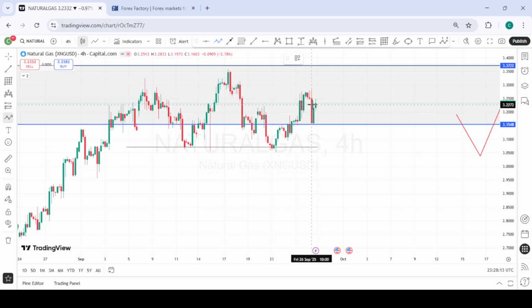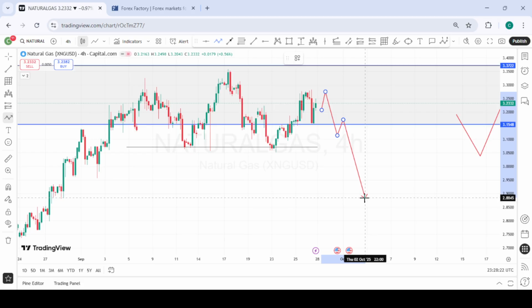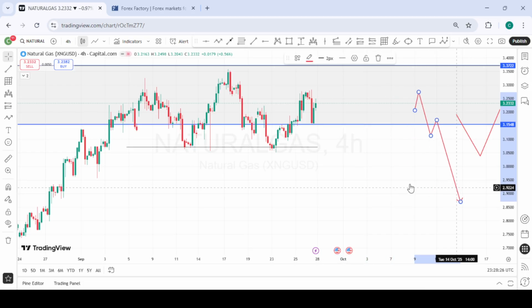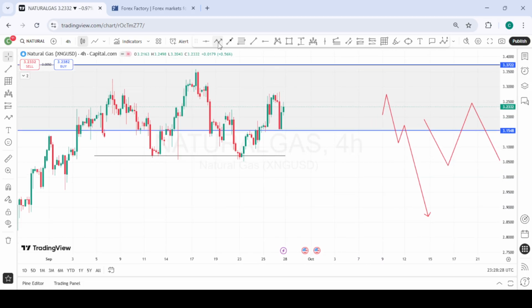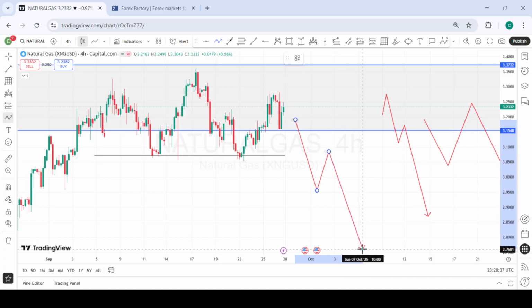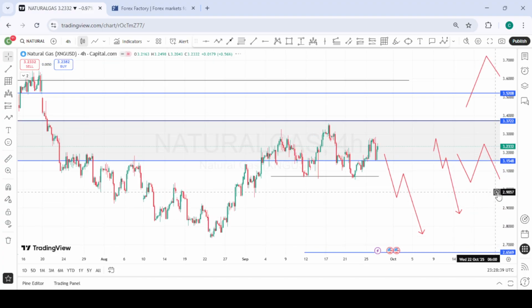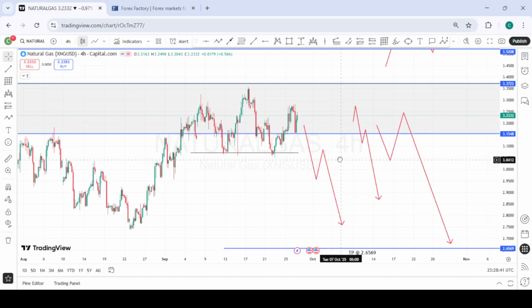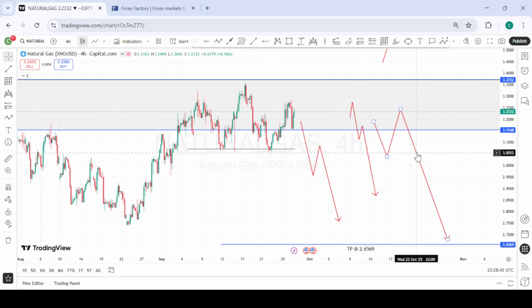Should price give us maybe a double top formation here and a retest, we'll be interested in taking the sells from here and taking it to the downside if price gives us a clear reversal pattern around that zone. Also, should price break below this structural low or this neckline, we'll look forward to a retest of the neckline, look for selling opportunities and continue the sells to the downside for natural gas.